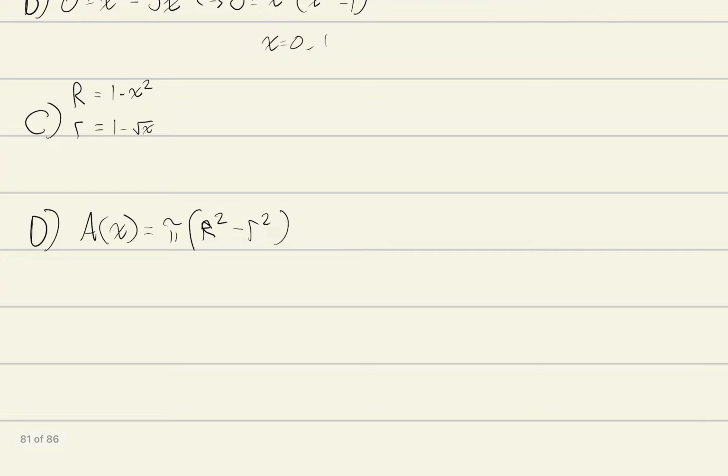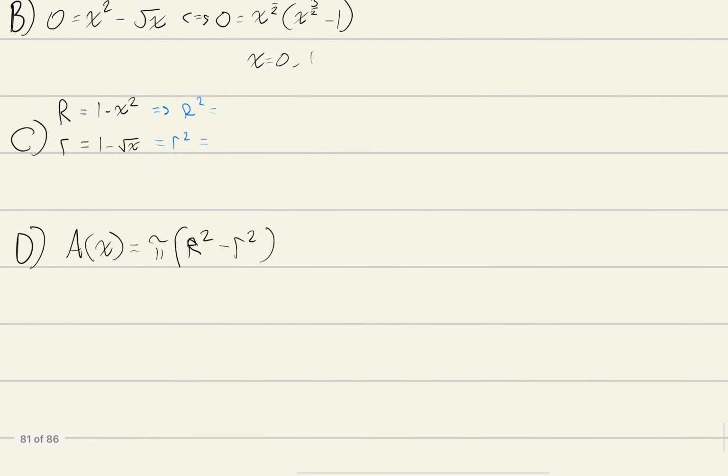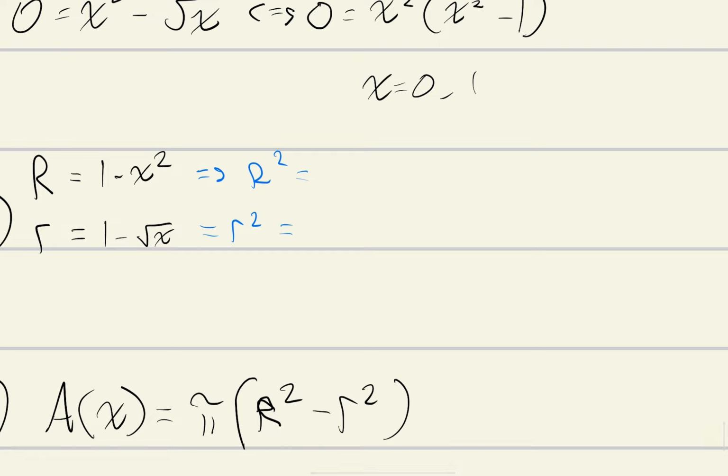And we can solve for big R squared and little r squared. When we FOIL, we'll get 1 minus 2x squared plus x to the fourth, and 1 minus 2 root x plus x.